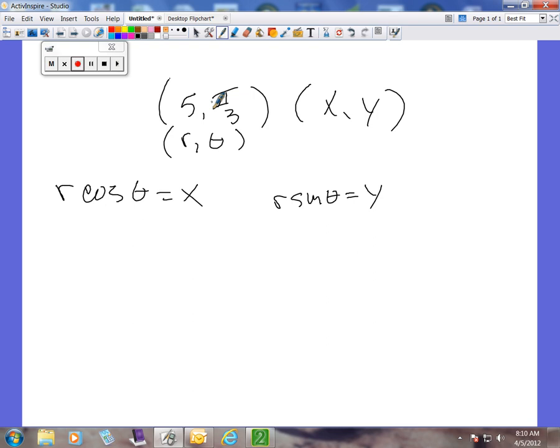Just do that. All right, so really what we're finding is 5 times cosine of 60 to find the x, 5 times sine of 60 to get the y, and what do we get? Round these to the nearest hundredth. Well, I'll take tenths. What do you got? Anybody done it?